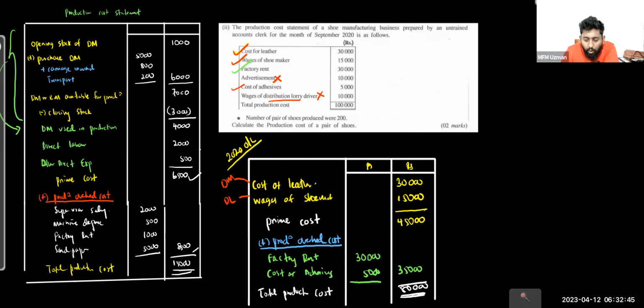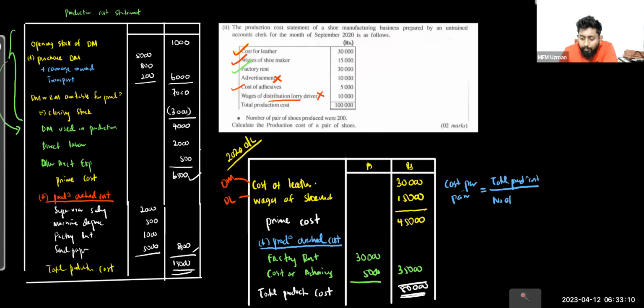Production cost. But the question was, calculate the production cost of a pair of shoes. This is common sense. Whatever I said in the last class, yesterday, at the beginning. How do we calculate cost per pair or per unit here? What is the total production cost, guys? Total production cost divided by how many units?